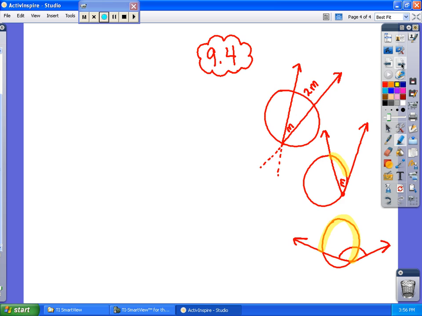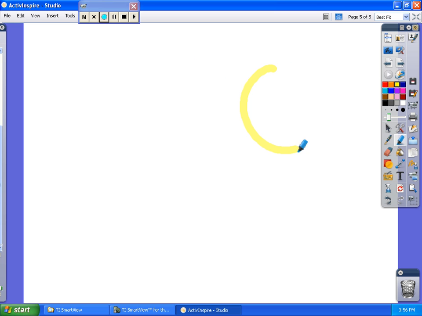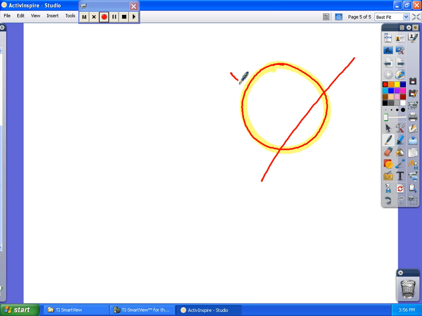So what about if you had two secants, but they don't intersect on the circle? Instead, they intersect inside the circle, like that. So we're going to say that this is x degrees. Now, in order to find out what x is, all you have to do is find the average of the two arcs that the two secants intercept.